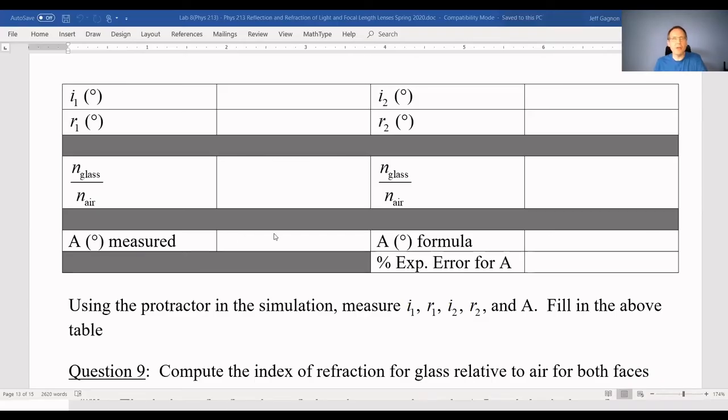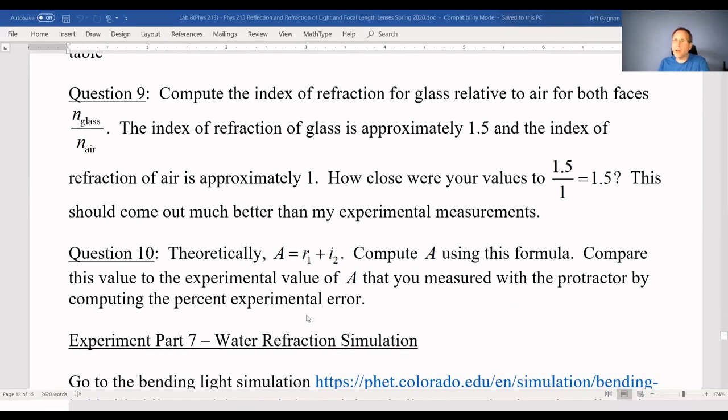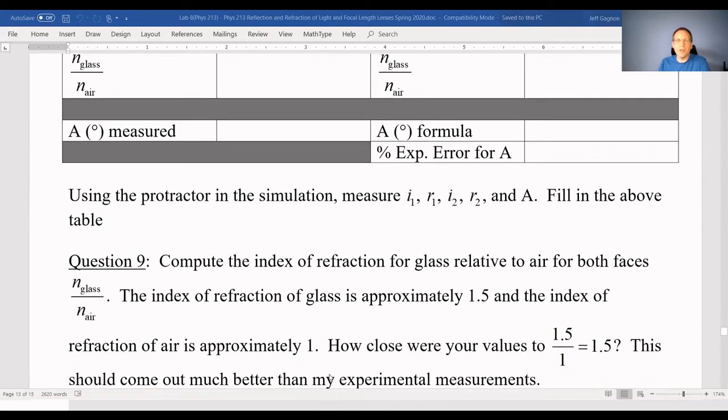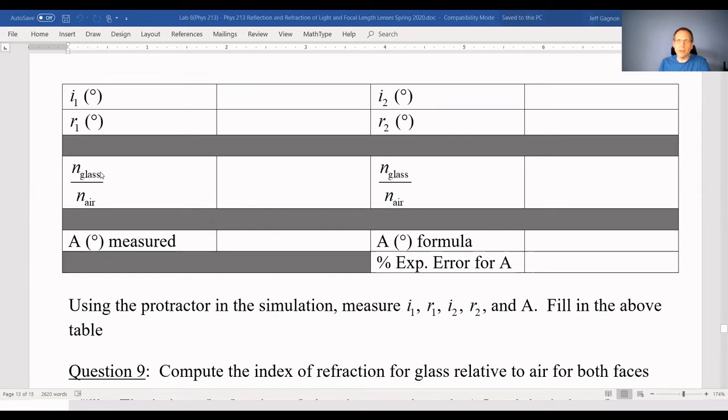Okay, once you have that, you can fill in this table. So I1, R1, I2, R2, and then angle A, the prism angle that you measured. And then questions 9 and 10 are basically what I asked earlier, but now you're going to use your simulation data. So you want to compute the ratio of the index of refraction of glass over the index of refraction of air, right?